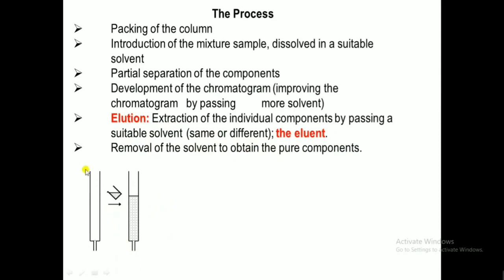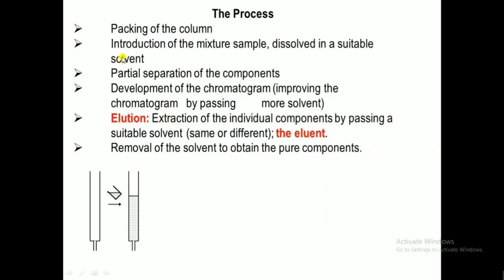Here you can see that we take a burette type column and we mix our stationary component, the solid phase, silica or alumina, with a proper solvent. Normally we use hexane, petroleum ether, or benzene. We mix the stationary phase with the solvent and pour it into the glass tube.